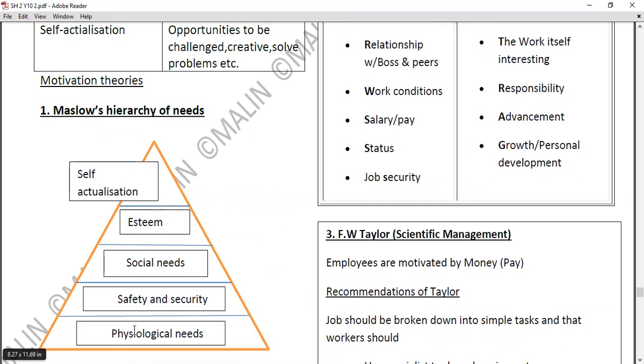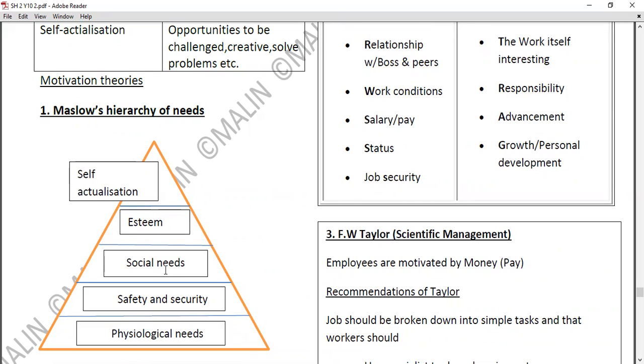And a person who has worked for 10 years in the organization must expect an esteem need now; a supervisor or assistant manager level might expect a promotion. Like that, there are certain layers. So you have to find out, and according to that you have to treat your employees, because if you treat everyone the same, no one is satisfied, since they are at different levels of their hierarchy of needs.